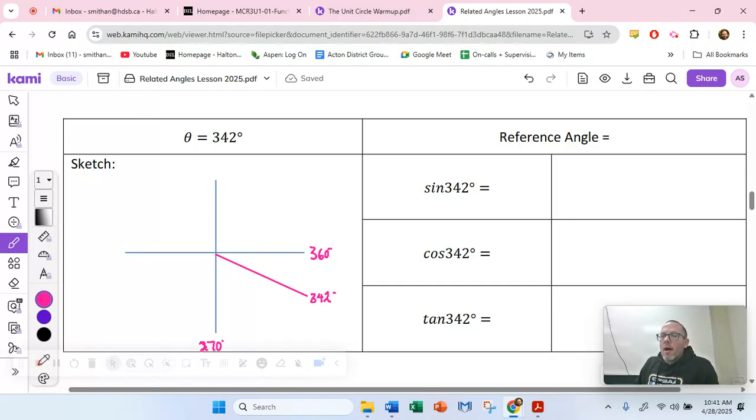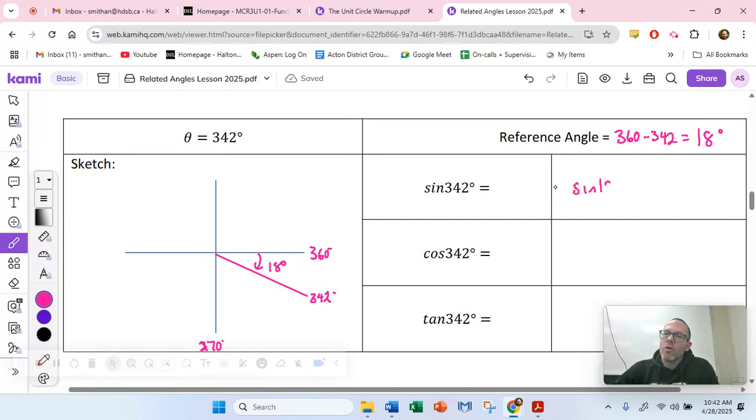And most of you guys, after drawing it out, you might not even have had to draw it out to visualize the reference angle. Somebody who hasn't helped out yet today, what's our reference angle in this case? Jaden, 18 degrees, because we're 18 shy of 360. Of course, if you weren't sure with the mental math, you would just see how far away you are.